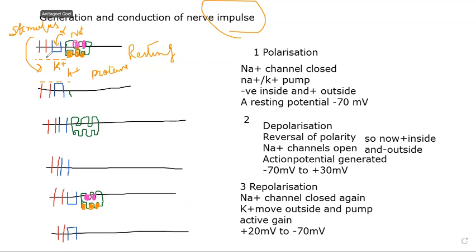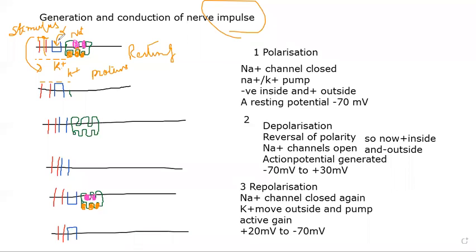But you can also see that the channels for the potassium ions are open. So, we can say that these are leaky channels. So potassium ions can move outside. As a result, there is positive charge outside the membrane.